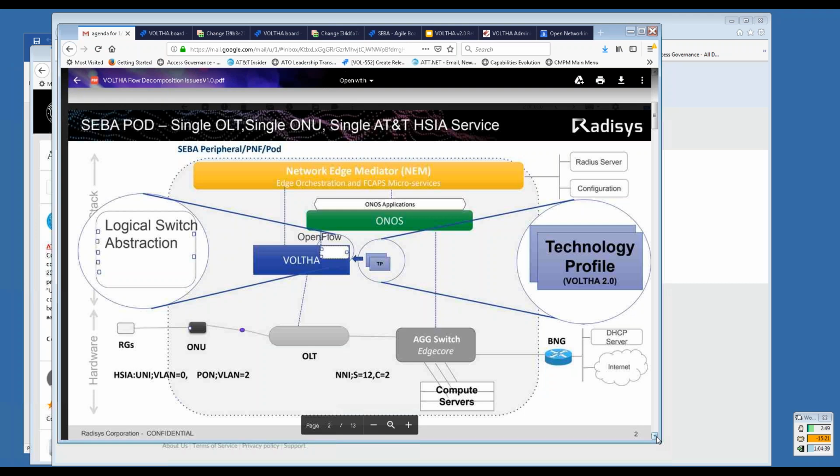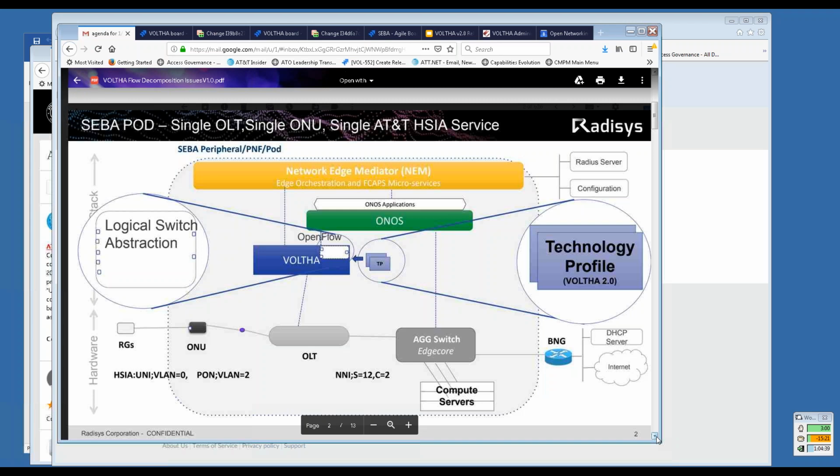On the UNI part of the ONU, it's using priority tagged frames, and then the ONU is going to change the priority tag to be VLAN tag 2 for transport on the PON. And then the OLT is going to be adding an outer S tag. So as the frame leaves the OLT going to the aggregation switch, the frame has S tag 12, C tag 2 in this case.